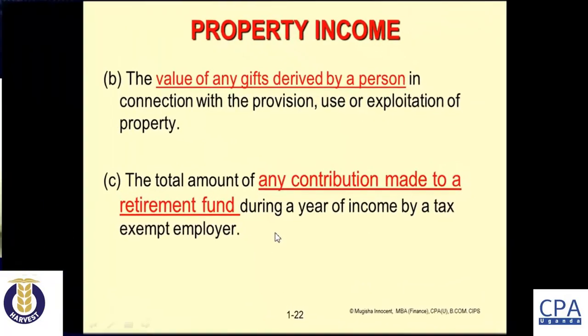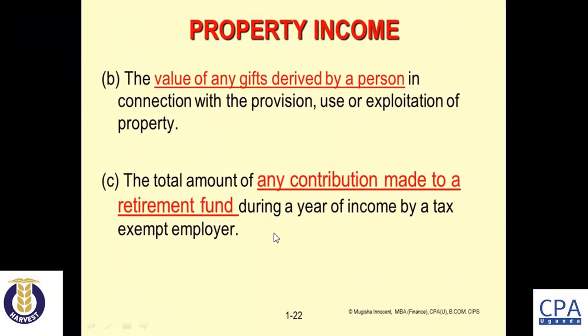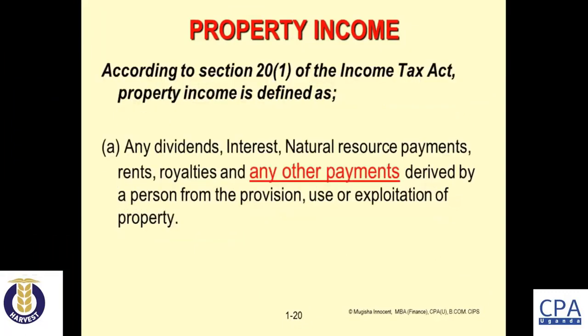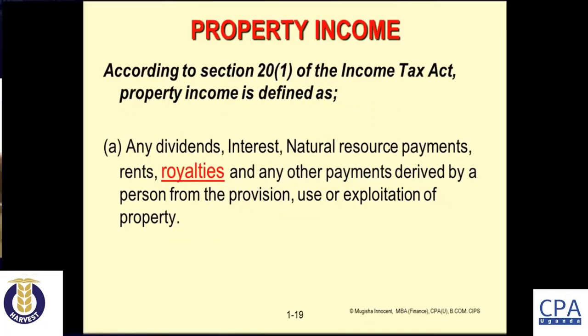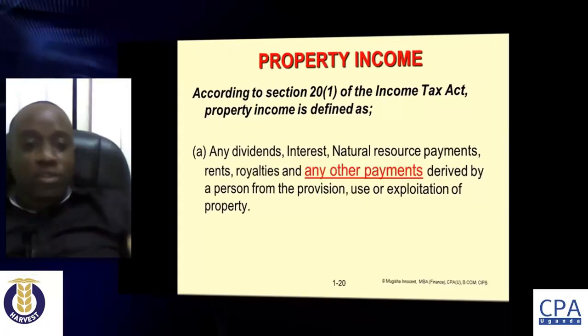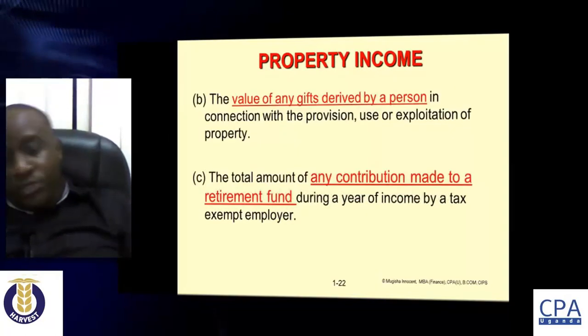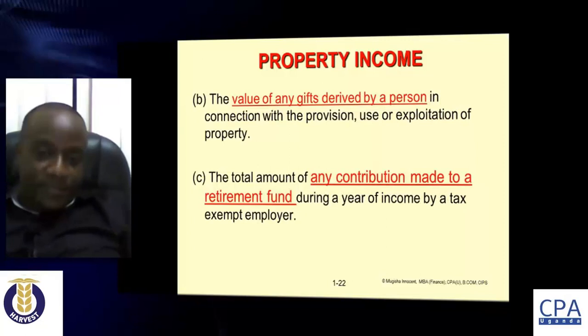So this contribution is looked at as property income. So in a nutshell, property income is dividend income, interest income, natural resource payments, rents, royalties, value of gifts, and any contribution to a retirement fund.